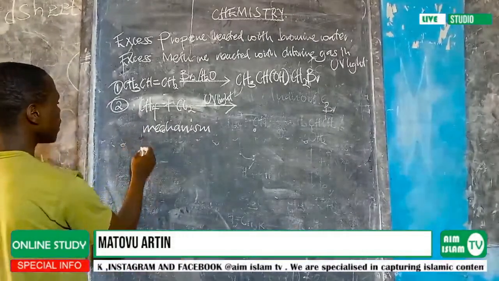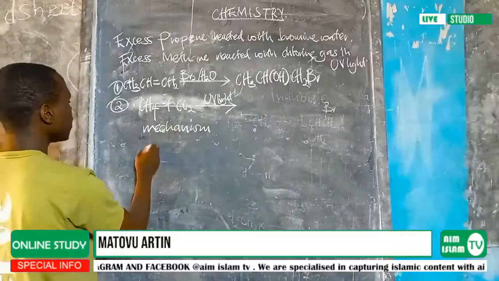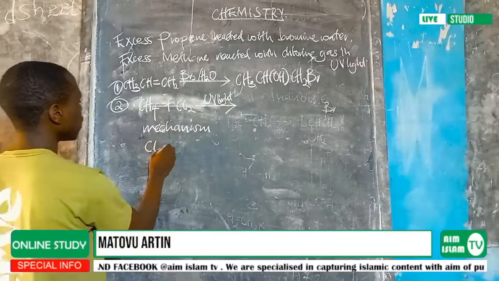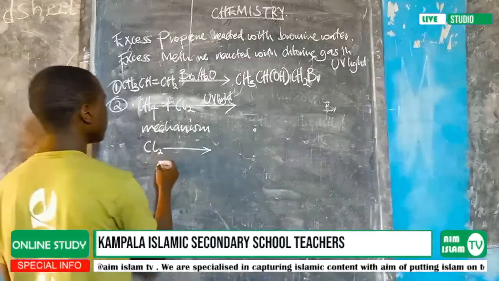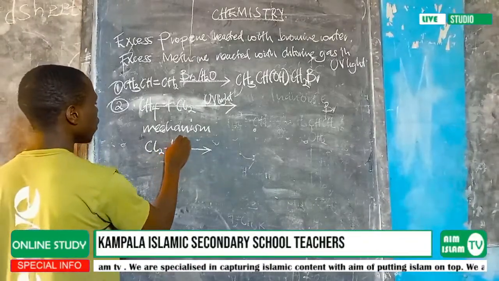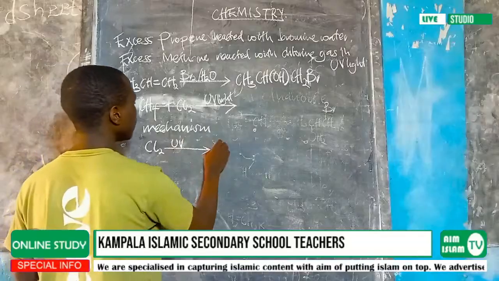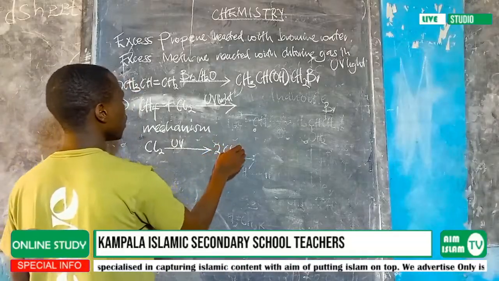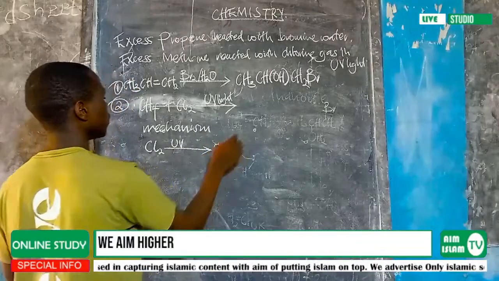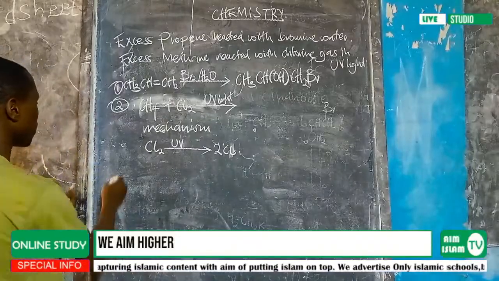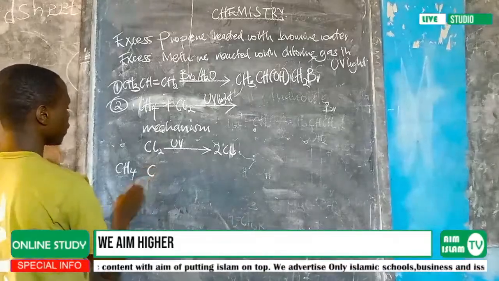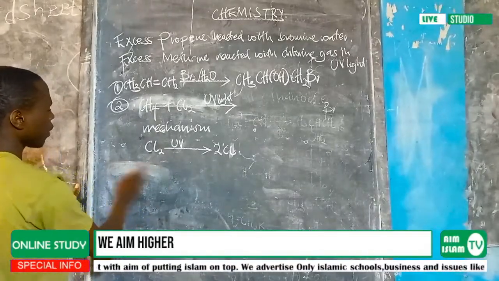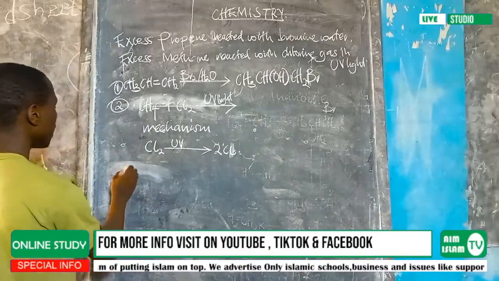So it means that this UV light will help us to dissociate, to break down these chlorine bonds, such that we form the two chlorine radicals. Those chlorine radicals will come in contact with our methane here.